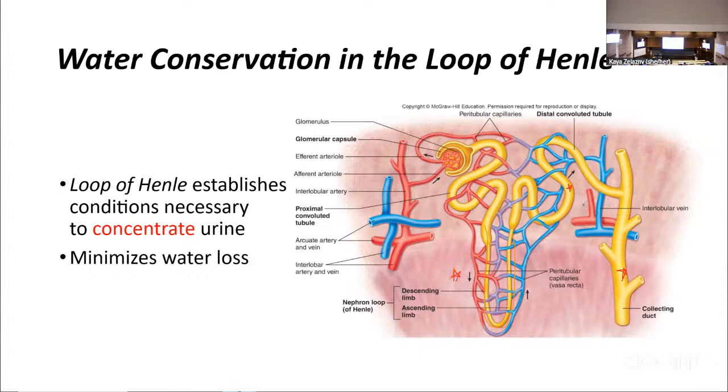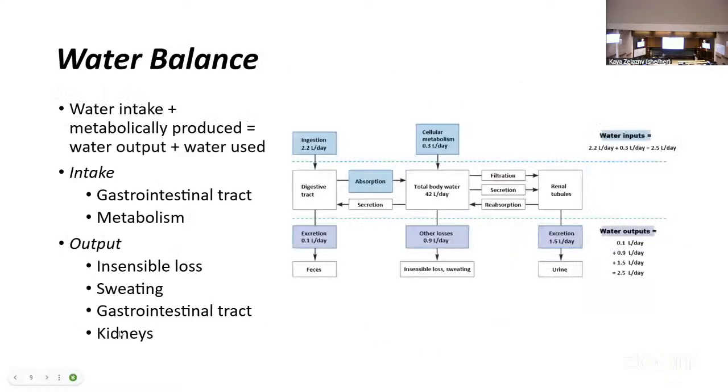So this is where we're going to start to see regulated reabsorption, where we're going to start to see hormone signaling, indicating to the kidneys how much water we actually want to be reabsorbing, how much water we want to be losing. So the loop of Henle is going to be creating the conditions necessary to concentrate our urine and minimize some of our water loss. And then those other locations are going to be where the actual reabsorption is mostly happening.